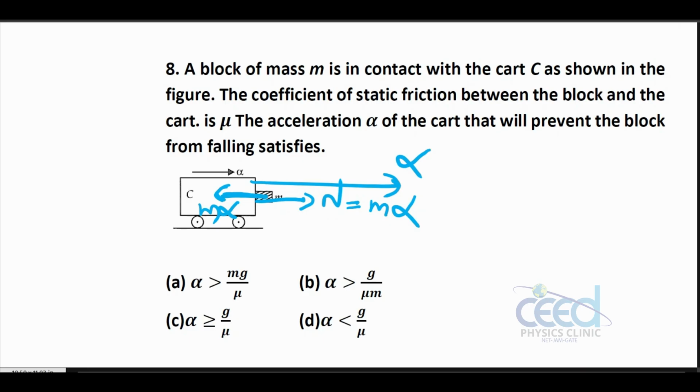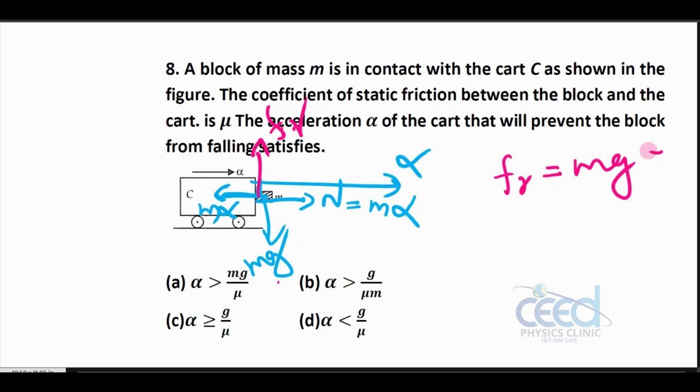Now if the body is not falling down, the body has a weight mg, and the surface exerts a frictional force Fr. Only when Fr and mg are equal does the body not fall down. So I write the frictional force is equal to mg.